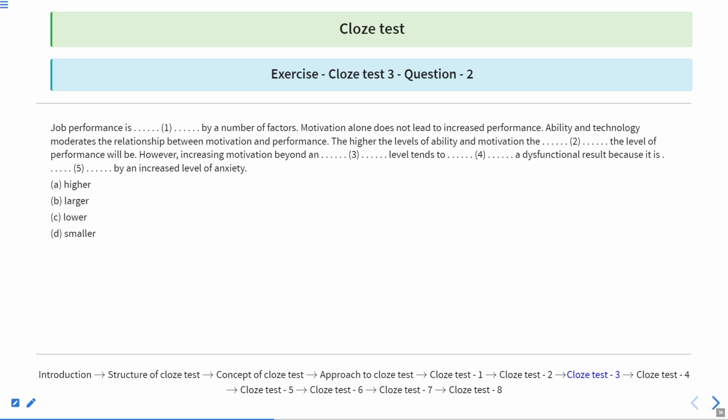Suppose we had chosen larger. Then the sentence would read, the higher the levels of ability and motivation, the larger the level of performance will be. It doesn't fit in. Here there is a phrase, higher the level, then the second will also be higher. Hence, a better choice here out of 4 may be higher.